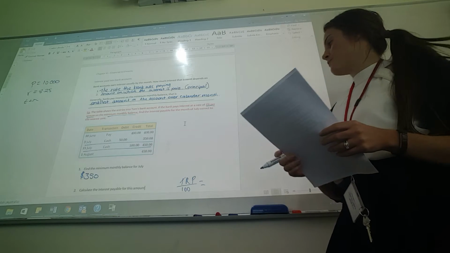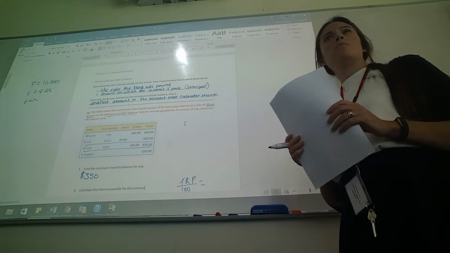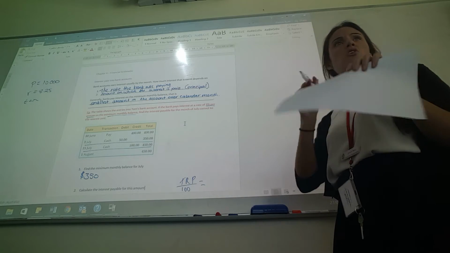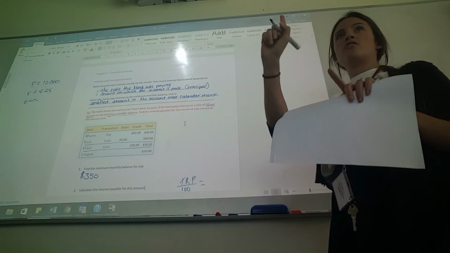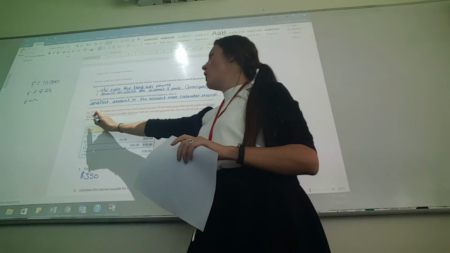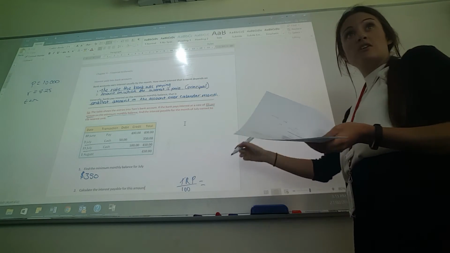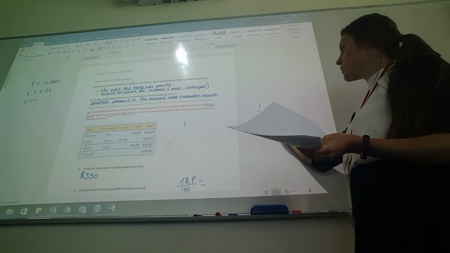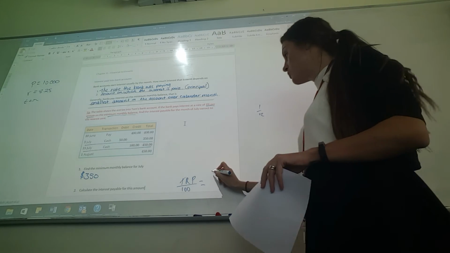For time, what's our time? A month. So how are we going to put that into our calculator? We can't type month in. 1 over 12, because we're talking about 1 month out of 12, and we've been told that it's calculated per annum. You can put a fraction in your calculator, or you can go 1 over 12. Either way, it works both ways.